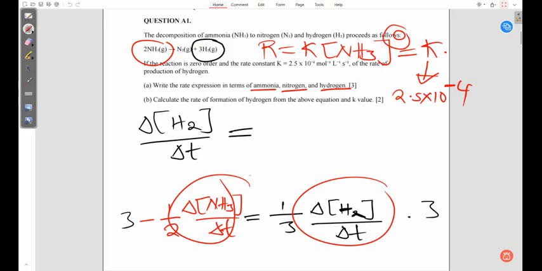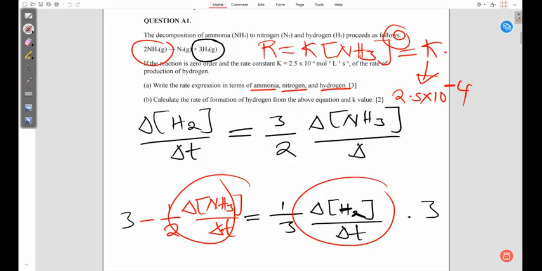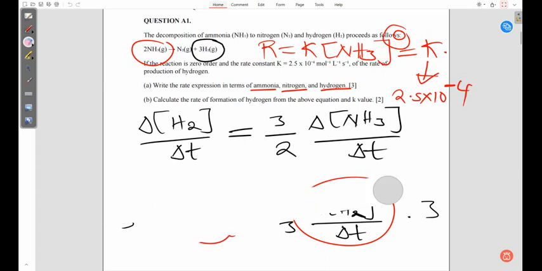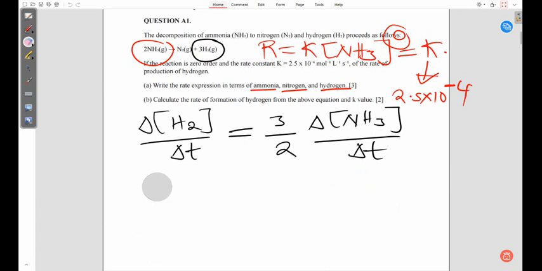We'd end up with a negative, but we don't want a negative answer here, so let's have everything positive: 3 over 2 change in concentration of ammonia over the change in time. Whenever you see the change in concentration over time, that is basically the rate that we are seeing at that point.